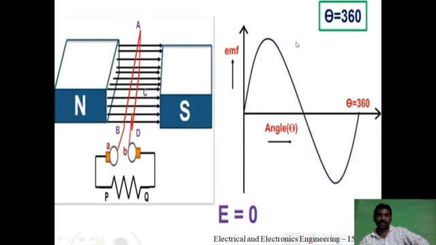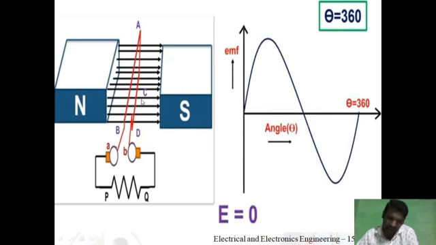Again, consider theta equal to 360 degrees. The plane of the coil is back at its original position, as at theta equal to 0, perpendicular to the lines of flux, but the components of velocity come in parallel.